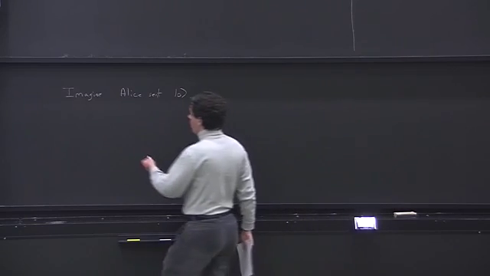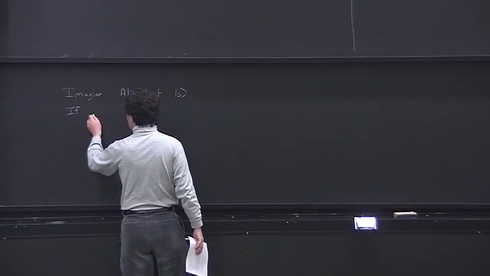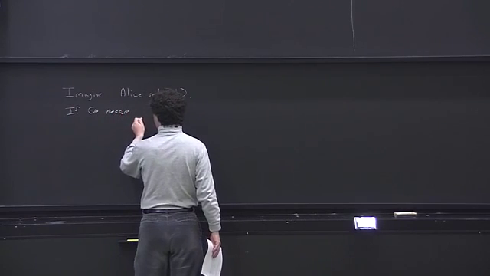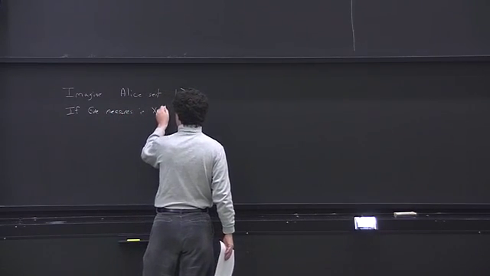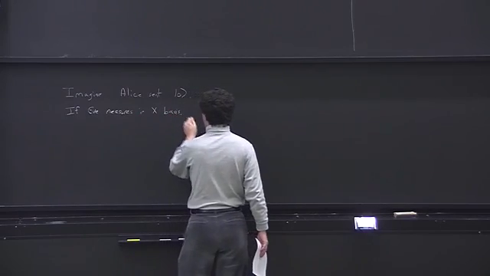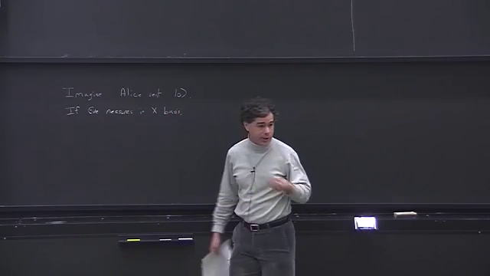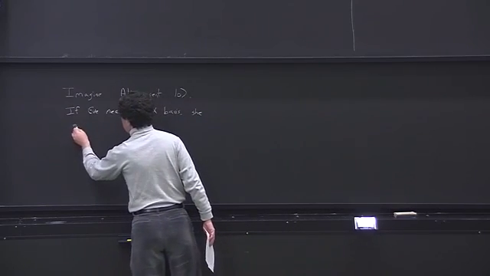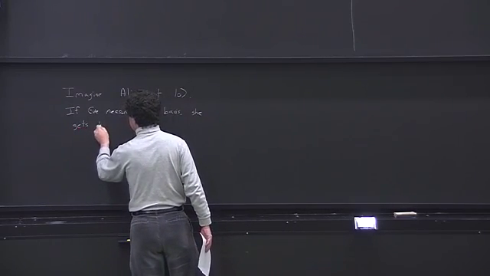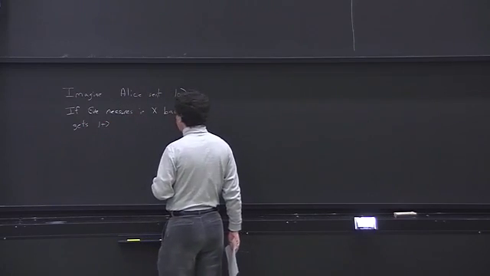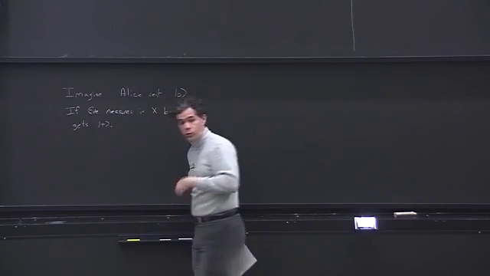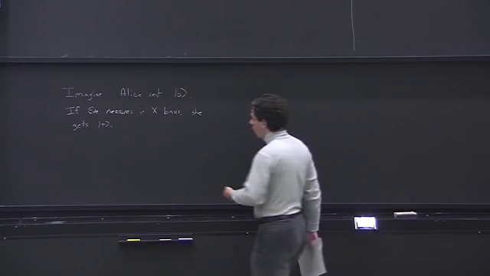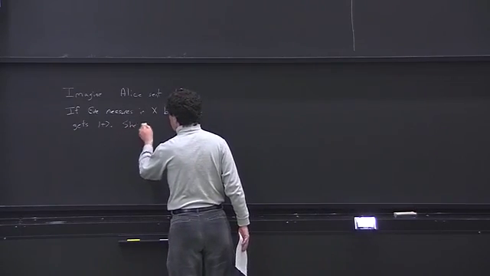But if Eve guesses wrong and guesses in the plus-minus basis, the X basis, then she gets some result at random. Say she gets plus. Well, she wants to fool Bob. She wants to make Bob think that there's nothing happening. So she sends this plus on.